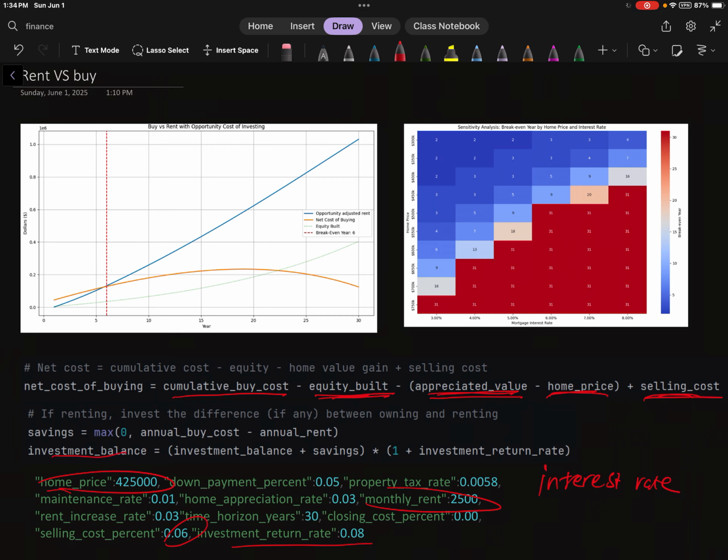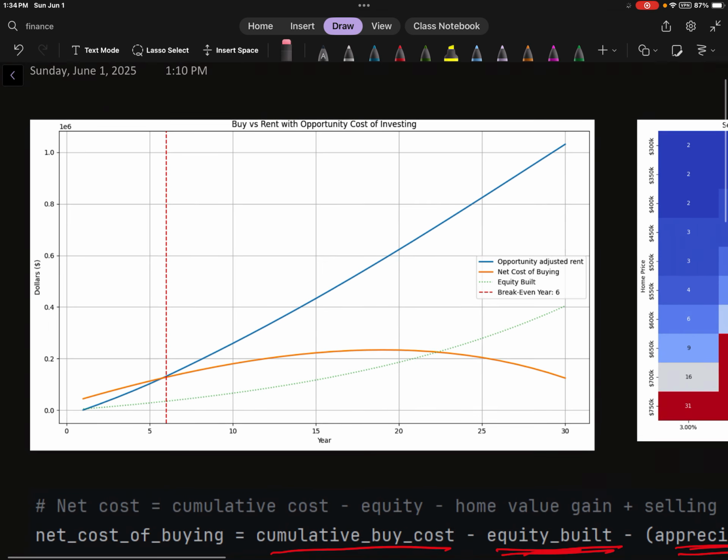The cost of buying almost always wins out in the long run, so it's really a matter of how many years you hold until you sell the house. It will break even, as this graph shows.